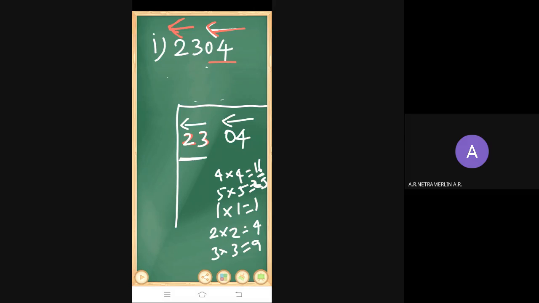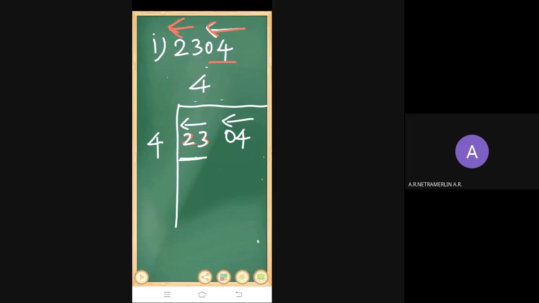Less than 23, the square number is 16, because after 16 you get only 25. So write 4 fours are 16, writing 4 here as well as here. Understood, children?